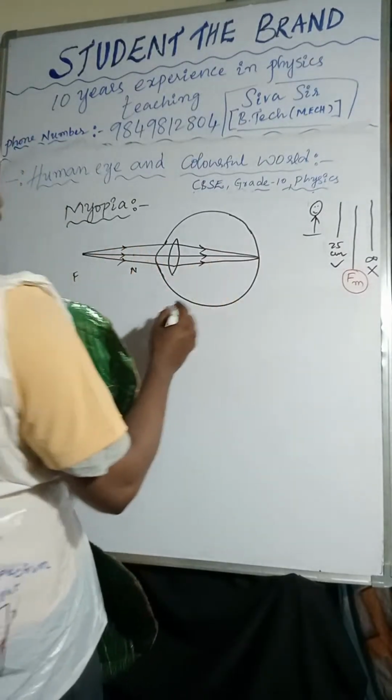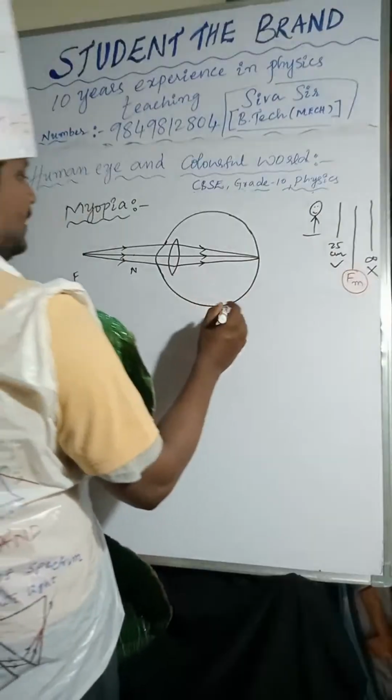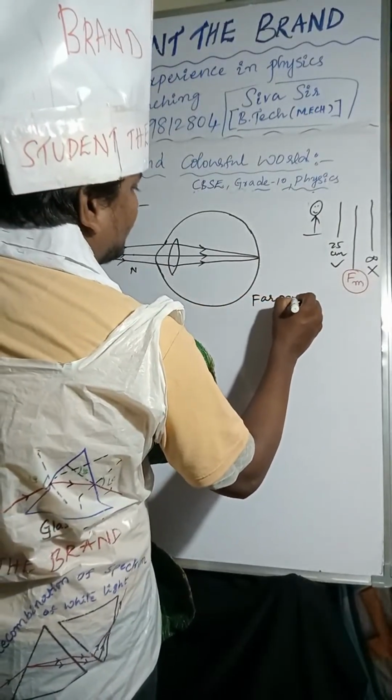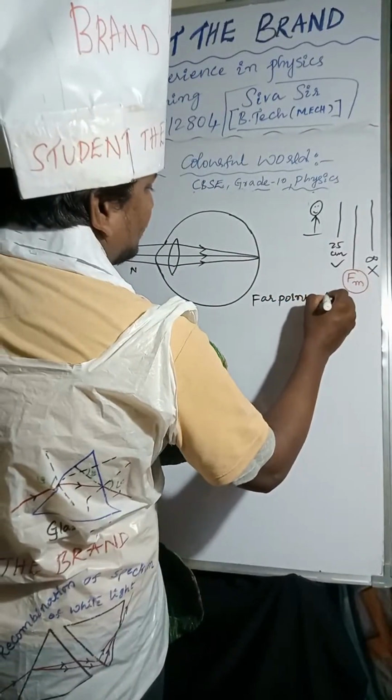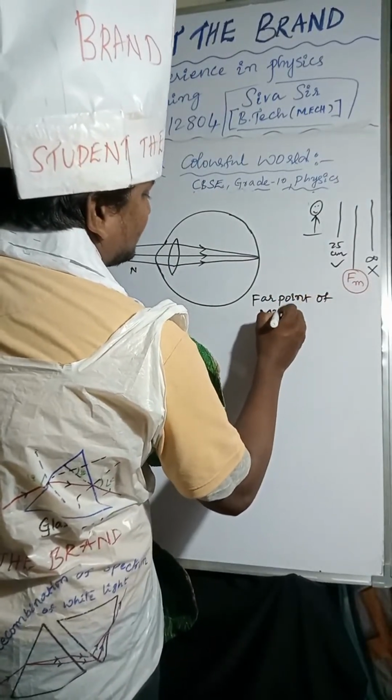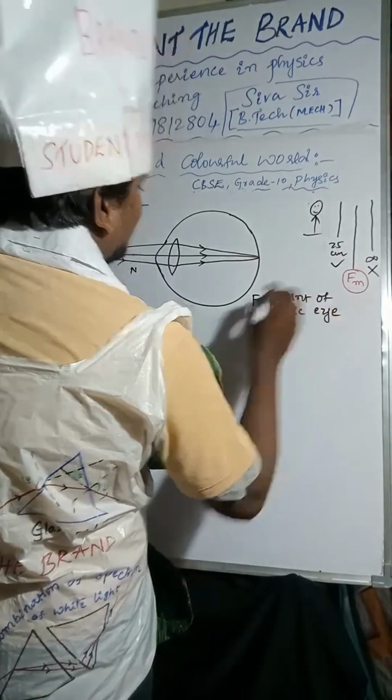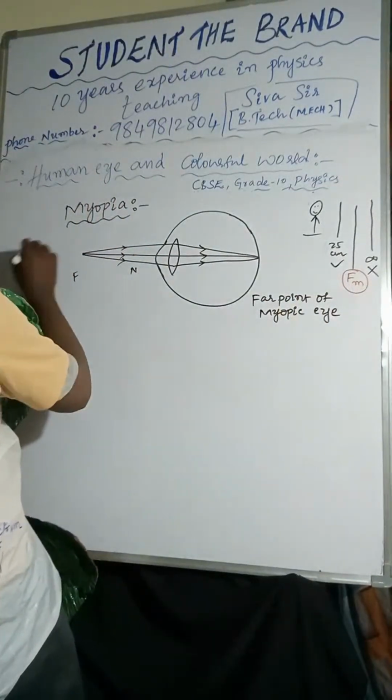So this is the far point of the myopic eye. That is the first one. Coming to the second one.